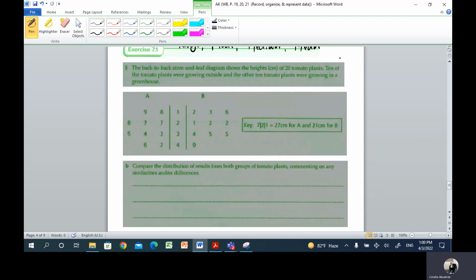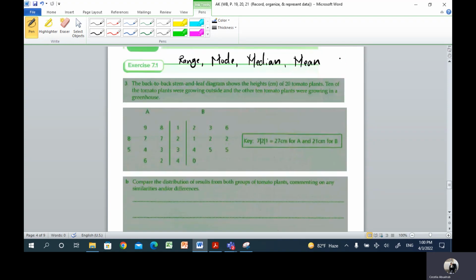In order to calculate the range, we need to find the smallest number as well as the greatest number. So if we go here to A, for example, we will find that the smallest number is 18. Please note that the numbers are always organized from the smallest to the greatest.